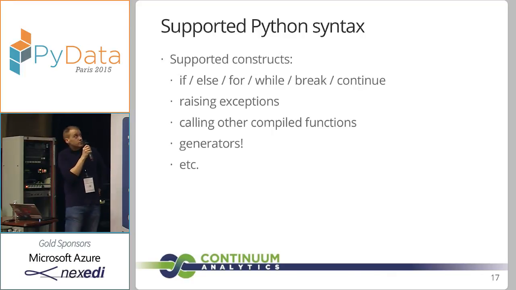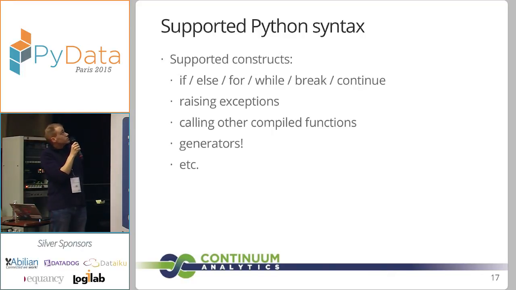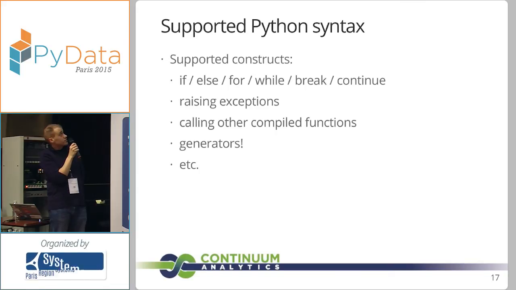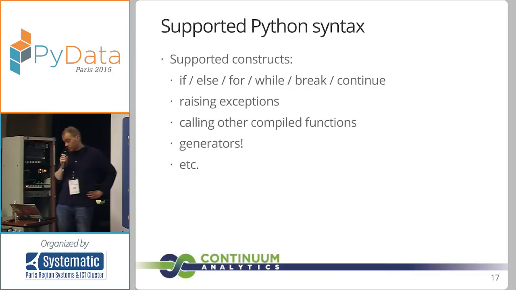So what do we support? On the syntax side, we support the basic control flow operations, of course, while loops, if, etc. We support raising exceptions. We don't support catching them. So basically, you're raising an exception from a compiled Numba function, and you're catching it from your Python code.